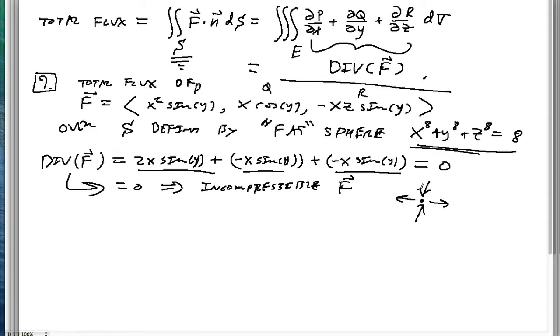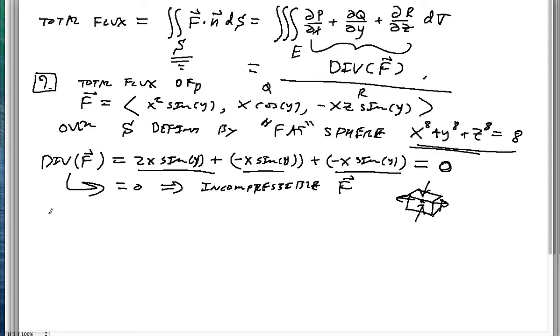So the net balance of what's coming and going through any small little region is going to be 0. So there's no compression going on of the fluid, if it were a fluid.